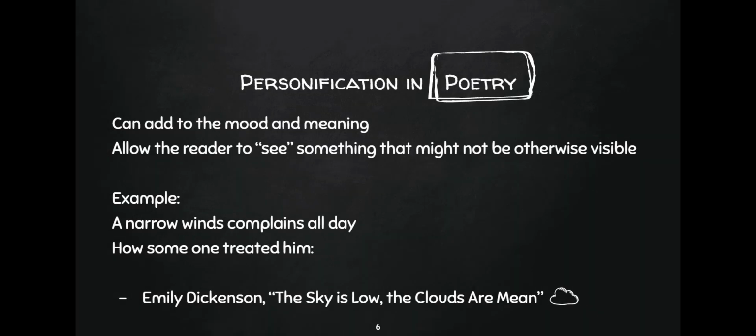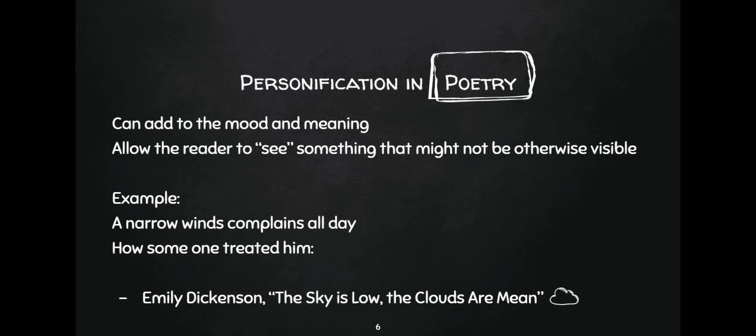All right, personification in poetry. This, very similar to in prose, can also add mood or meaning to what is happening in the text or the writing. It also gives us the chance to really see something that might not otherwise be visible. Again, if you think back to what I said in the last video, we only have a small amount of space in order to get these big, vast ideas out onto paper or onto a Google Doc or something like that.